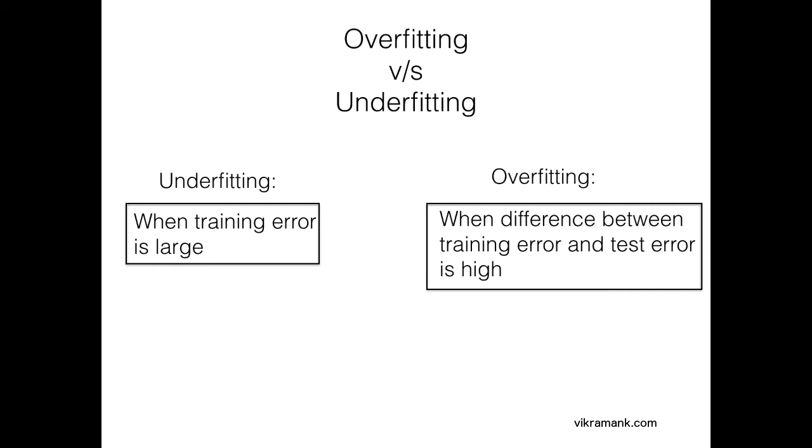Underfitting is the case when the training error is large. So this is almost the same as what I have described before. In case of overfitting, the difference between the training error and the test error will be high. This is the case when our model performs really well on the training dataset and performs poorly on unseen examples in the test set.